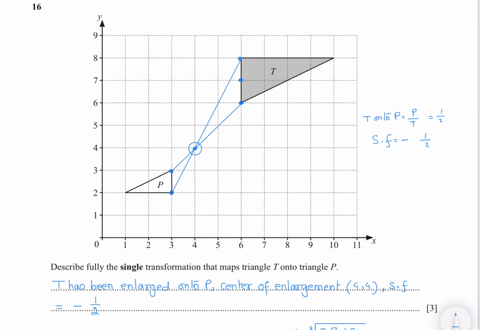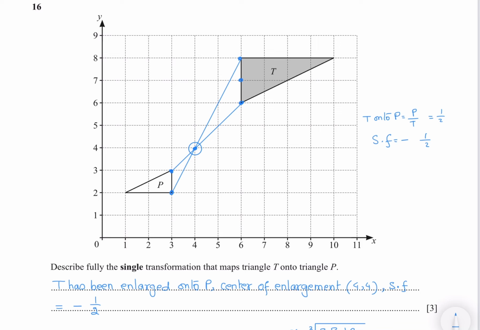Now we have to find the scale factor. The examiner says T onto P, which means P over T. Count one side of P, which is 1 unit, divided by the corresponding side of T, which is 2 units.